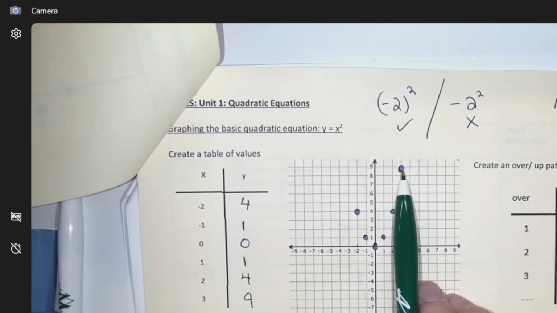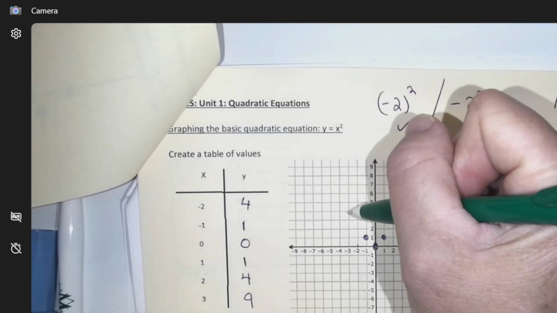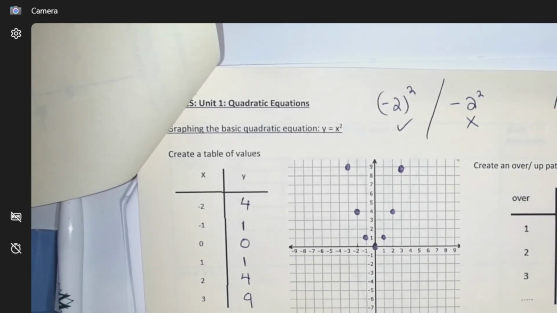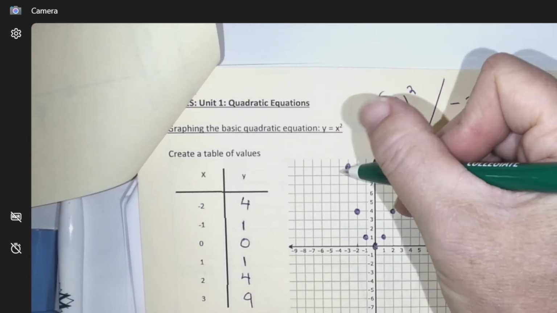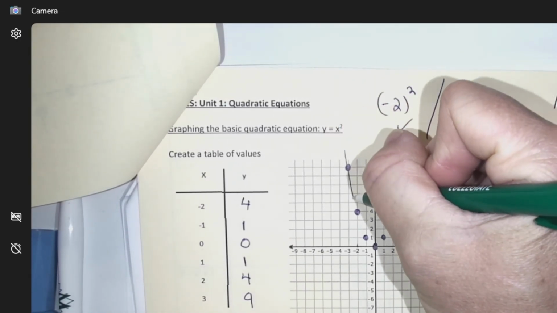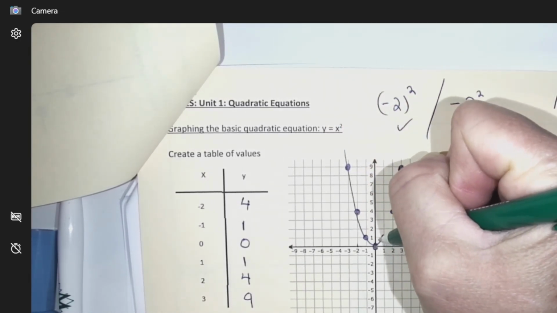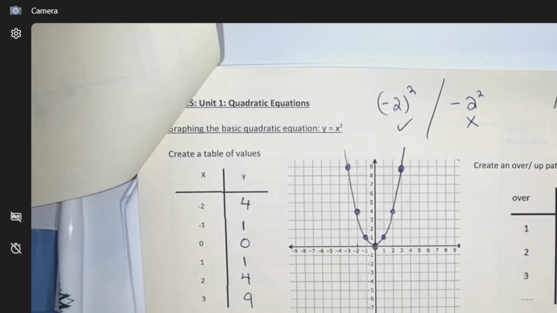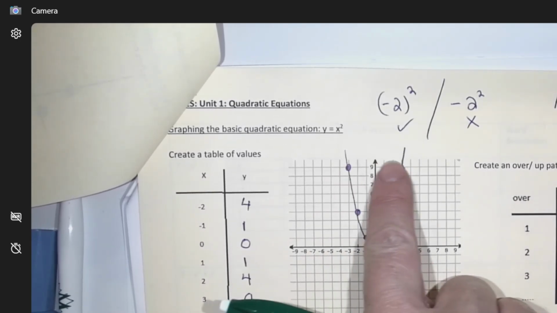What's this one's partner? -3, 9. So I'm going to connect these coordinates together, and it's not pointy at the bottom. So it's kind of a U shape. It's not a V. Let's make it a U shape.